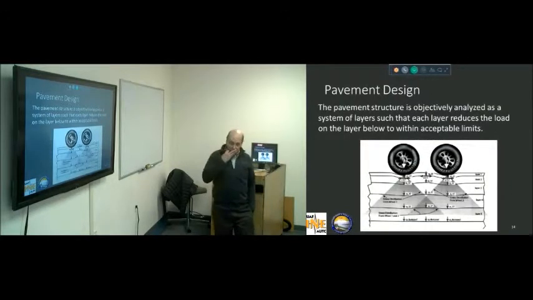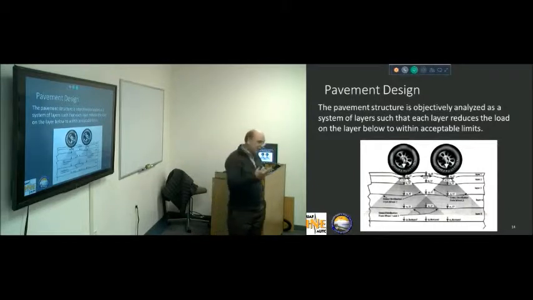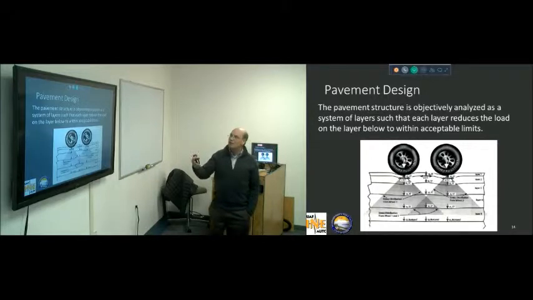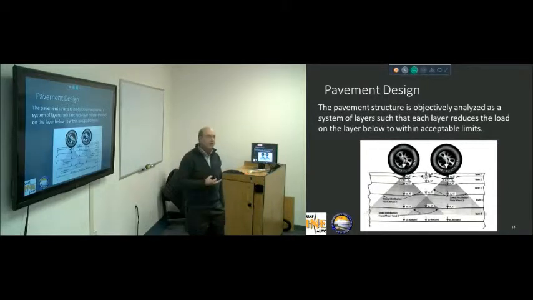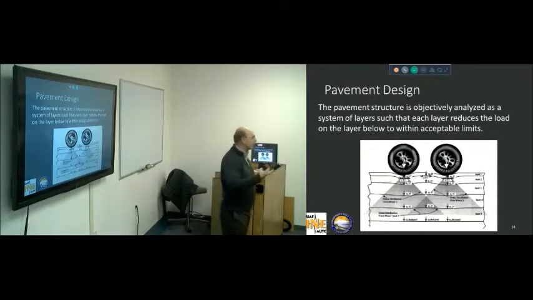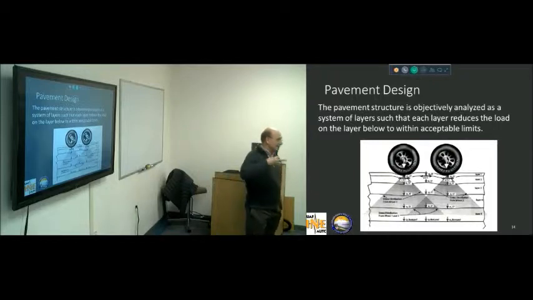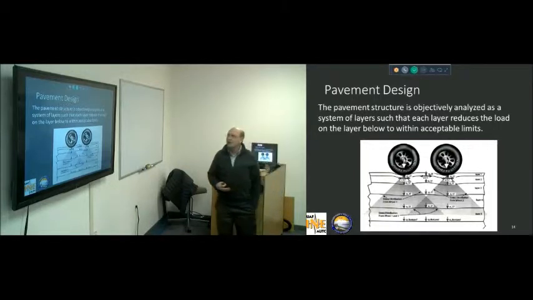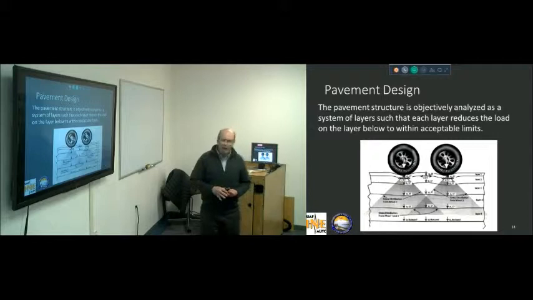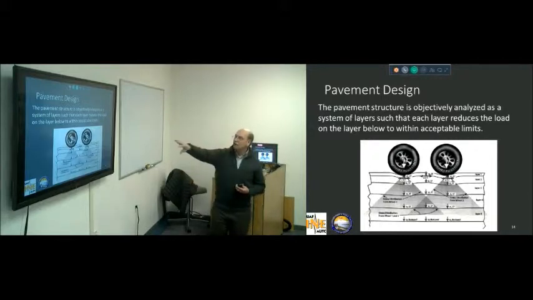So when we're looking at a pavement design, we're objectively looking at our pavement structure, and we have a system of layers such that each layer reduces the load on the layer beneath it so that it's within acceptable limits. That's really what pavement design is all about. So if you look at the example that we've got up here, you'll see two tires there, and the load is distributed.